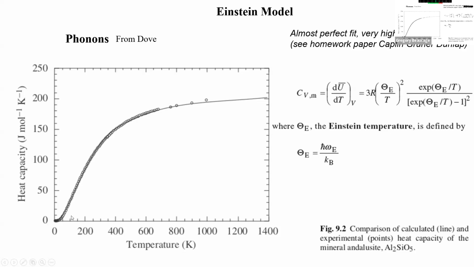And it also is a perfect fit to the Einstein model because the Einstein model is a single vibration, which is one guitar string, right? But in reality, the vibrations in a crystal aren't just one. The atoms are hooked together. If I move this atom, it affects that atom, and it affects that atom, right, in a crystal.